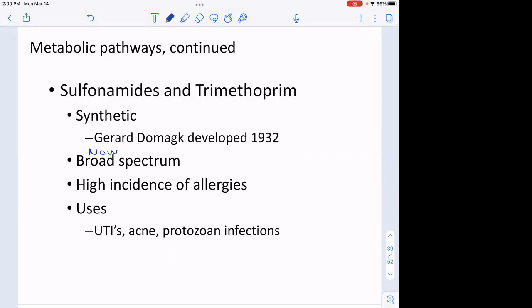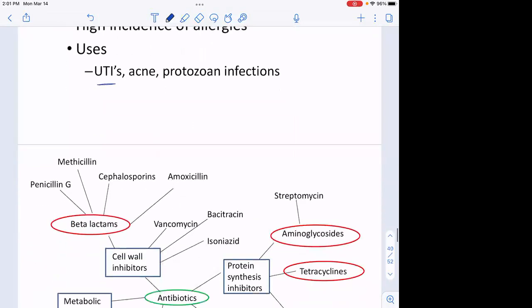But for some infections, they are a little bit more commonly prescribed, sometimes urinary tract infections or acne. Certain protozoan infections apparently respond well to them. Still used in vet medicine quite a bit. And again, usually a little rash shows up as the first sign of allergies there.